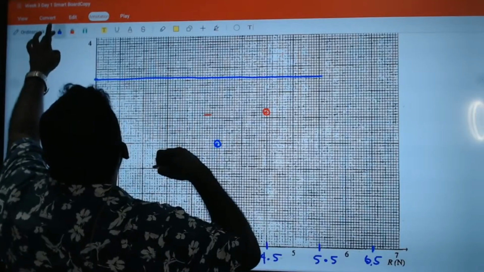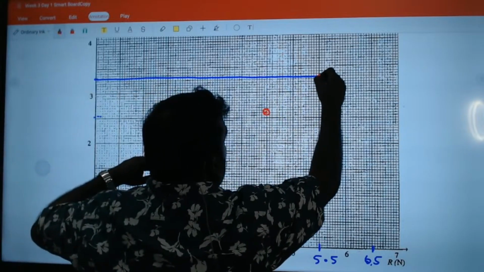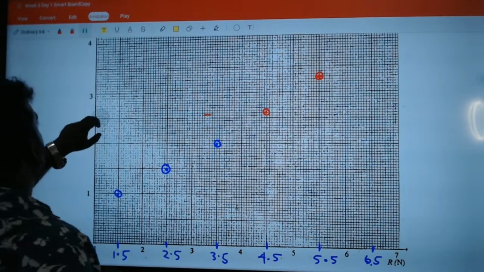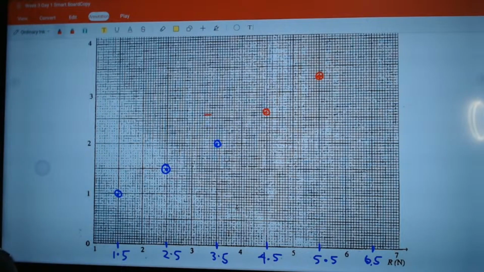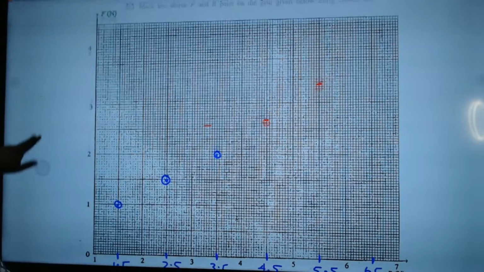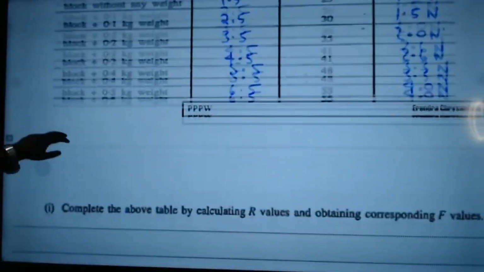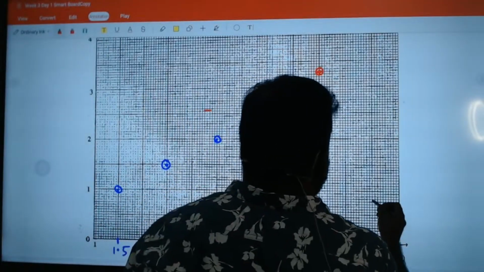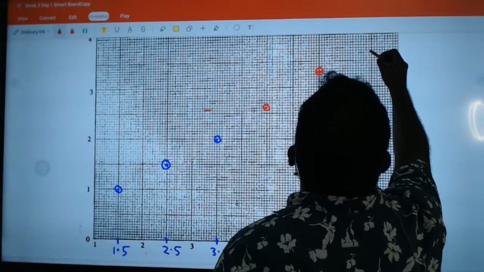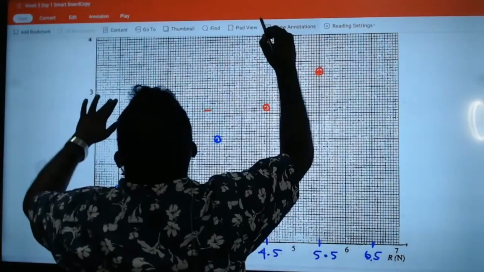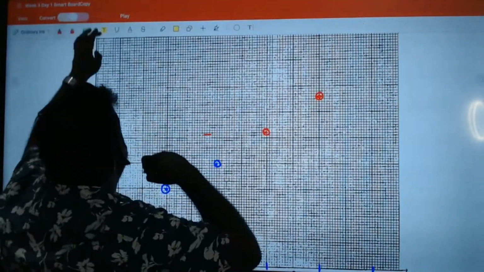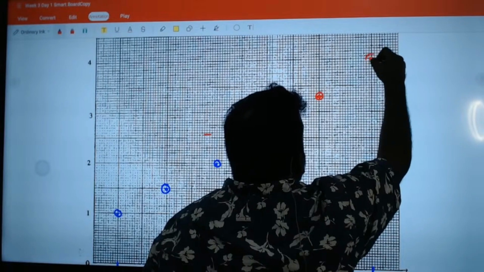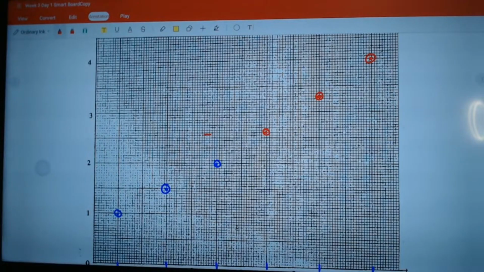5.5. Right. 6.5. 6.5 how much? Can't remember. 6.54. 6.5 is 4. Right.